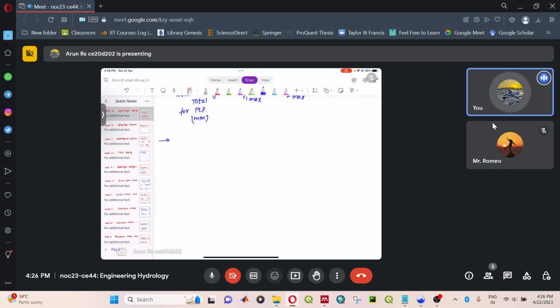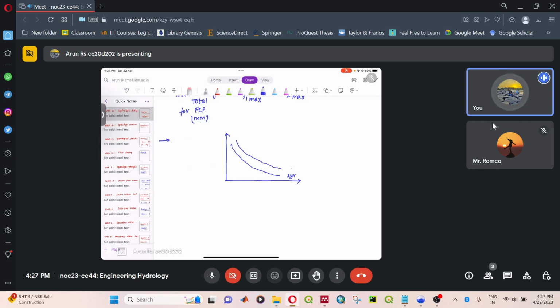And later we will fit a Gumbel distribution or any suitable distribution, and we'll find out the necessary parameters. And finally we will plot the intensity, duration, and frequency curves. So this will be for 2-year return period.